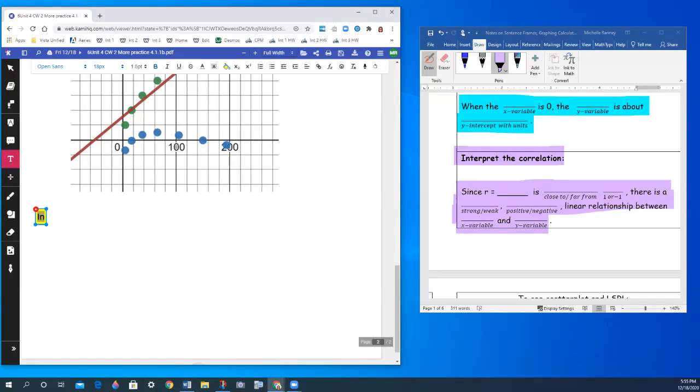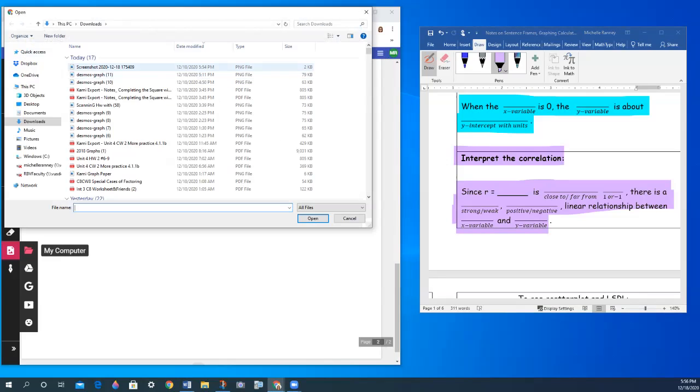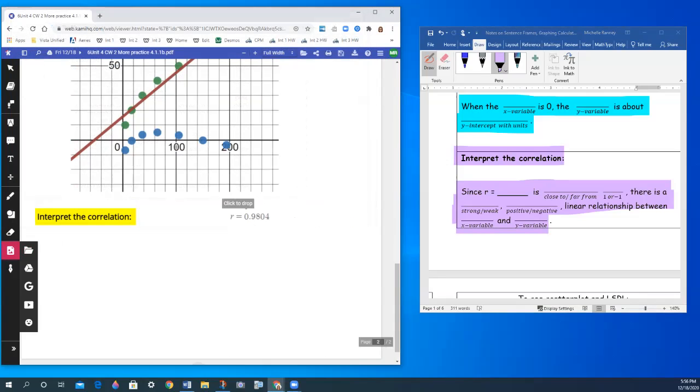Okay, so interpret the correlation. And I'm just going to get that little snippet here. Okay, so that was our correlation coefficient, so I can see it. I'll move it over here.